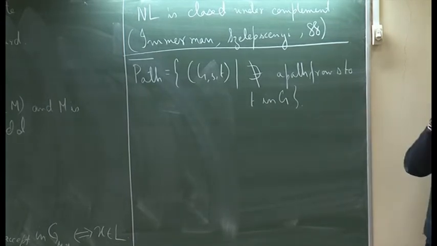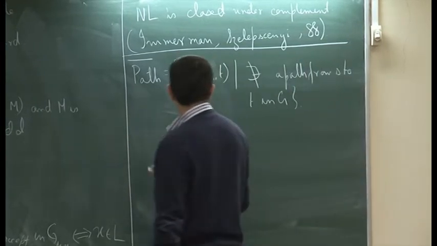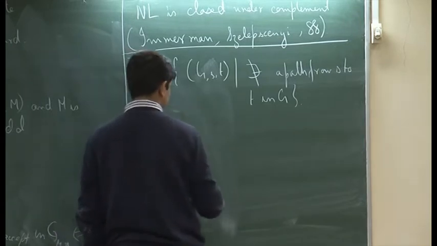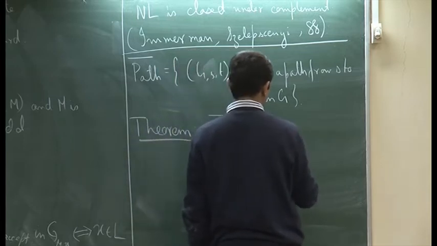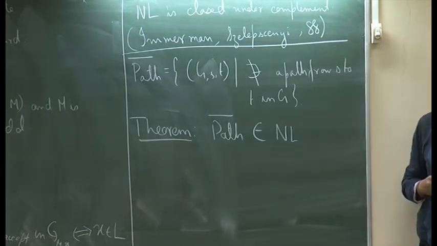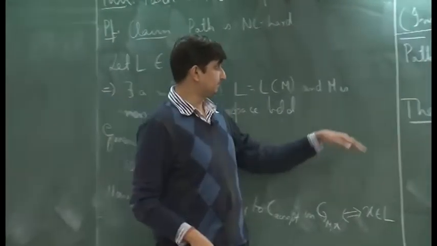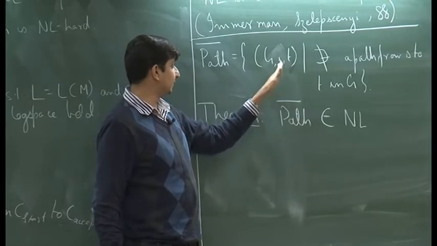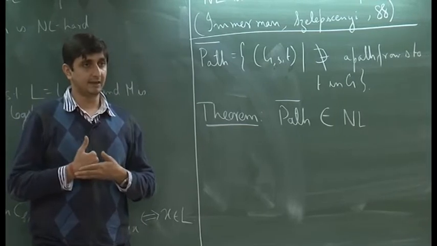Again, you can prove this by the same argument. So, what we will prove for the rest of the lecture is that path complement belongs to NL. Okay. So, what do we want to show? That given such an instance, if T is not reachable from S, then we can answer that using an NL machine.